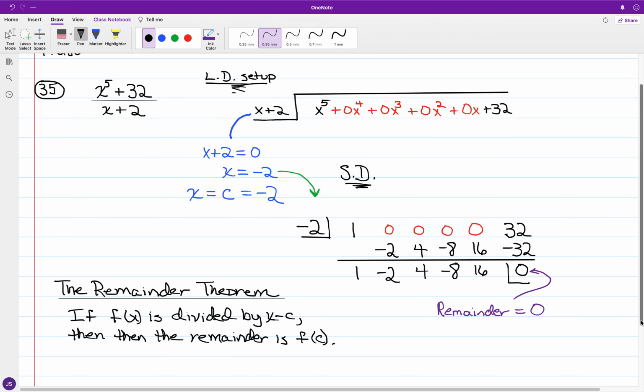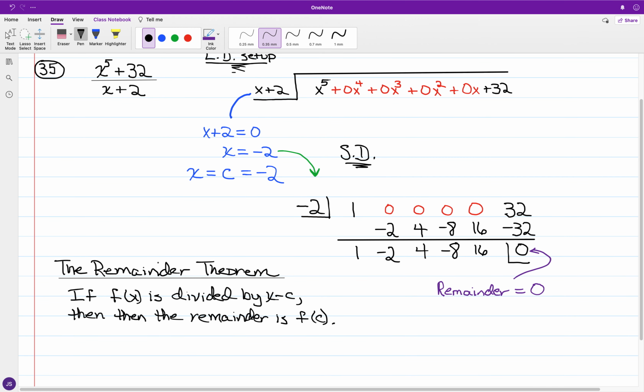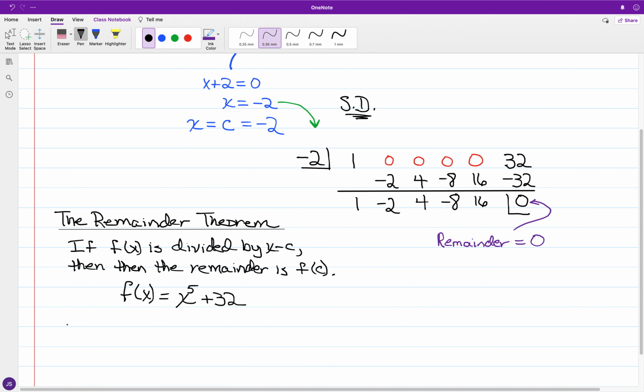Through using the remainder theorem, we have f of x equal to x to the 5th plus 32, as for the remainder.